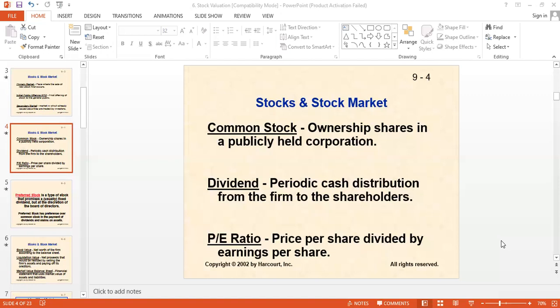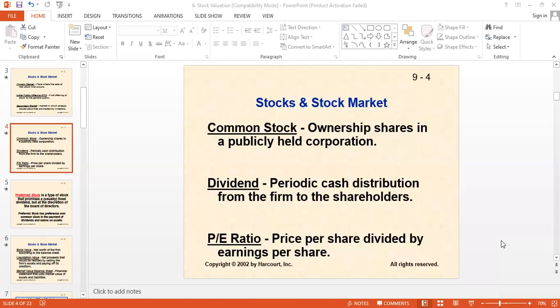When you buy a share, you are interested in two things. Number one, the price. You purchase a share at rupees 400, so you would be interested that the price should go up and up, so that it will give you a capital gain, a benefit at the time of sale of that share. Similarly, you are also interested in dividend. It means you are interested in the net income, the earnings of an organization.